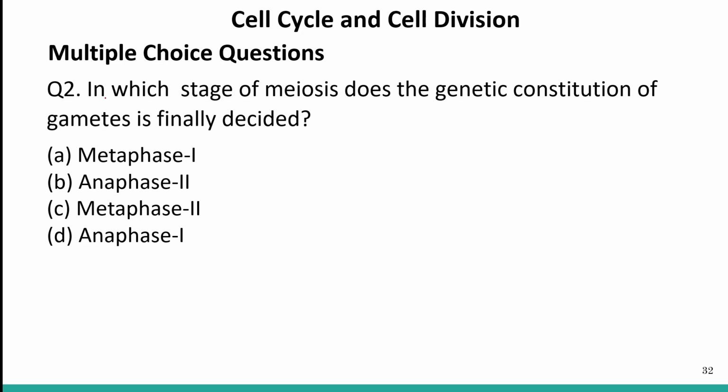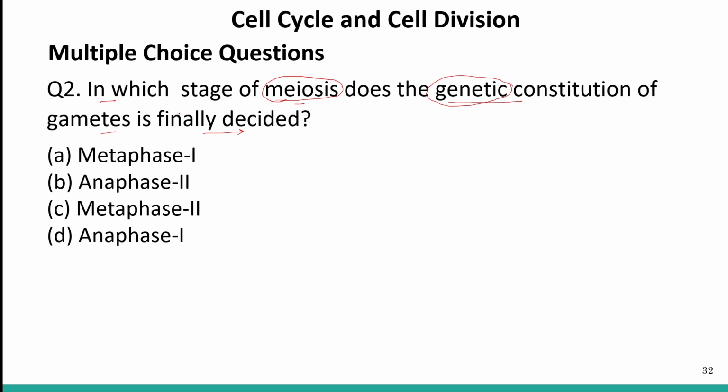Now let's come to the second multiple choice question. They are asking here, in which stage of meiosis is the genetic constitution of the gametes finally decided? You have to remember, you can highlight these keywords, meiosis and genetic constitution.